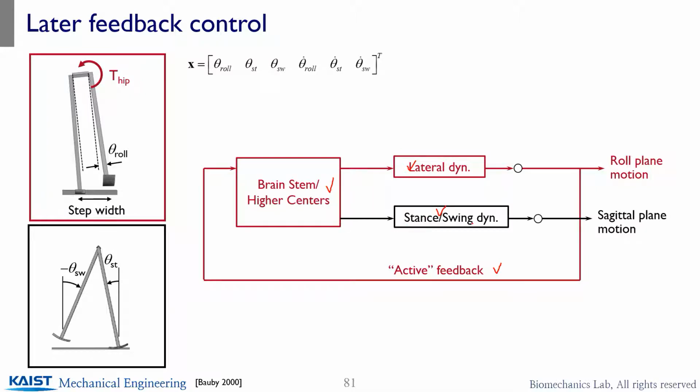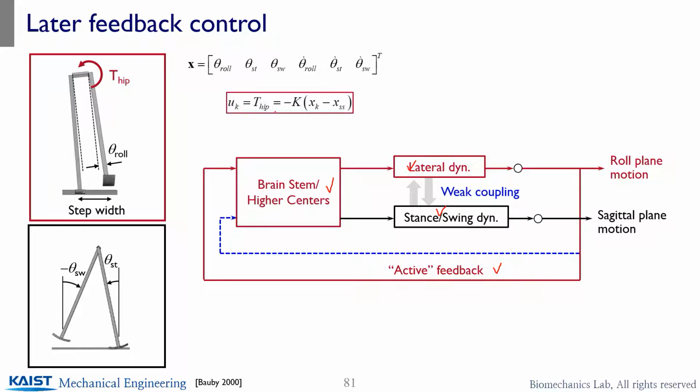So for the stance leg and swing leg, once the initial conditions are set, those are just passive walking in sagittal motion, and in between them there is weak coupling. And the torque applied at the hip joint, the pelvic joint in the roll direction, is going to be a function of the augmented state variables. Okay, that's what we assume.